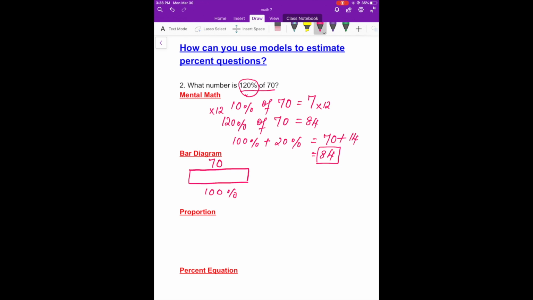So for 120% I will add another 20%, that is 10% and another 10%, and 10% of 70 is 7, so that is 7, and there is another 7. So 100% plus 20%, I added another 20%, so 120% would be 70 plus 7 plus 7, which is going to be 84.